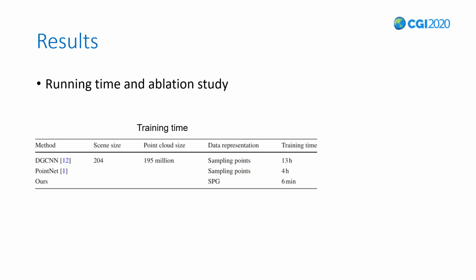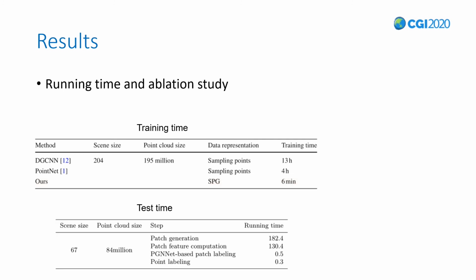As seen from the first table, the training time of two other methods in our implementation on the same GPU is around 13 hours and 4 hours respectively. In comparison, our patch graph-based training time is only 6 minutes, which is much faster than pointwise training.